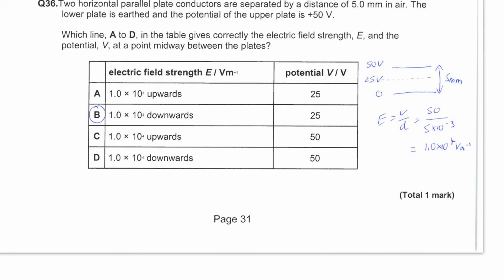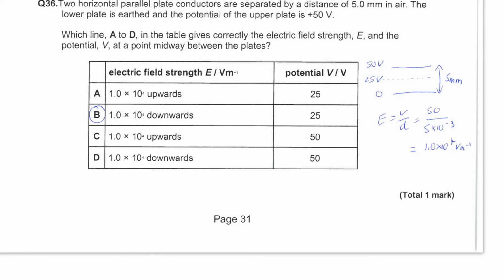Next, we have another multiple choice question. You are told that two horizontal parallel plate conductors are separated by a distance of 5 millimetres in air. So that's what I've just drawn here, the 5 millimetre separation and two conductors.